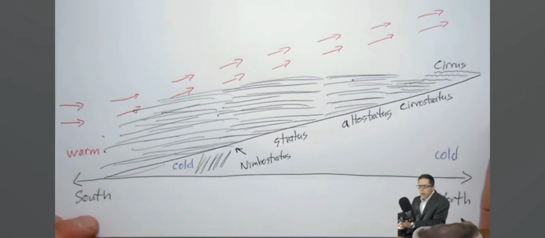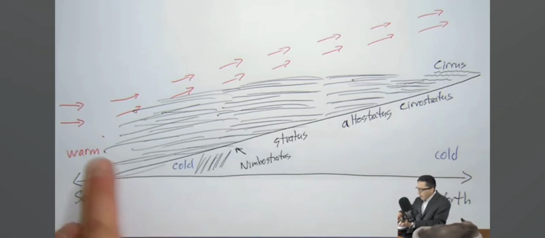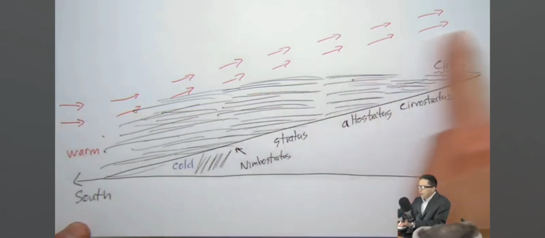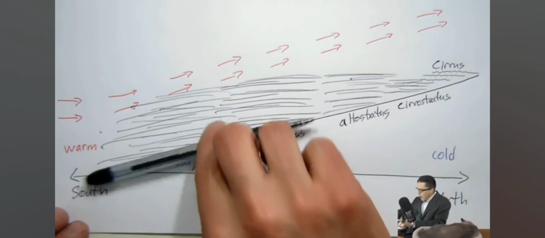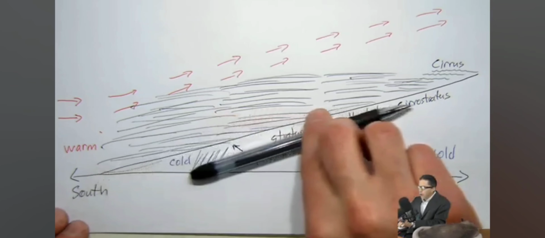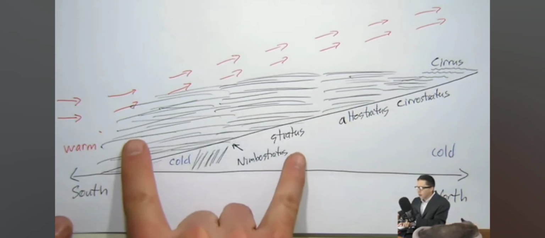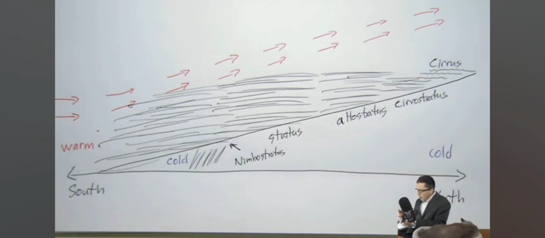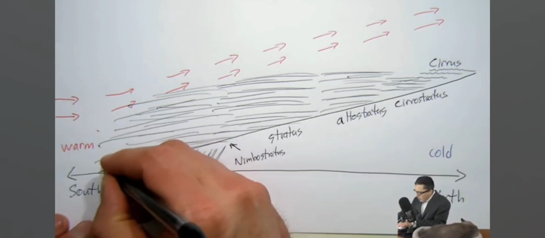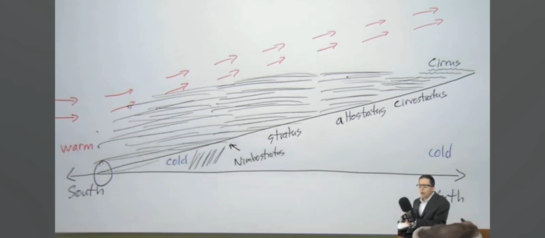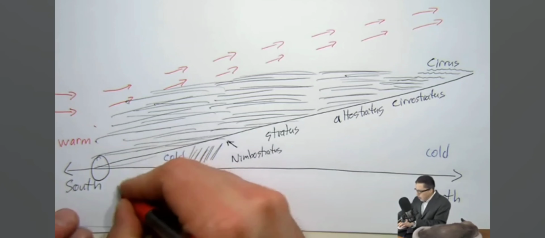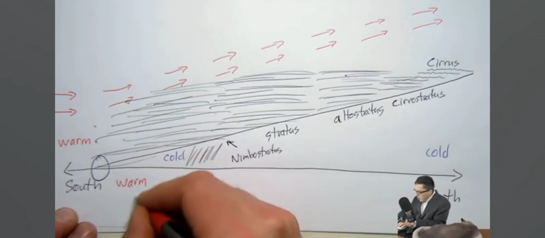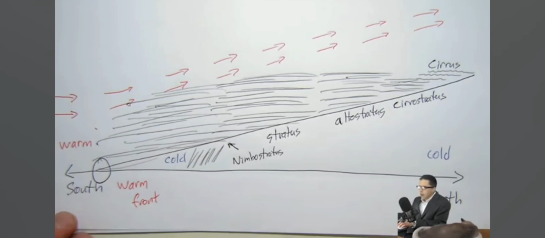Okay? Now, this whole thing, not only is the warm air riding up over the cold air, but the actual wedge itself is also moving. So everything in this picture, the way I've drawn it, is moving to our right here. Okay? Well, this spot right here, where the warm air meets the cold air, that is called a warm front.